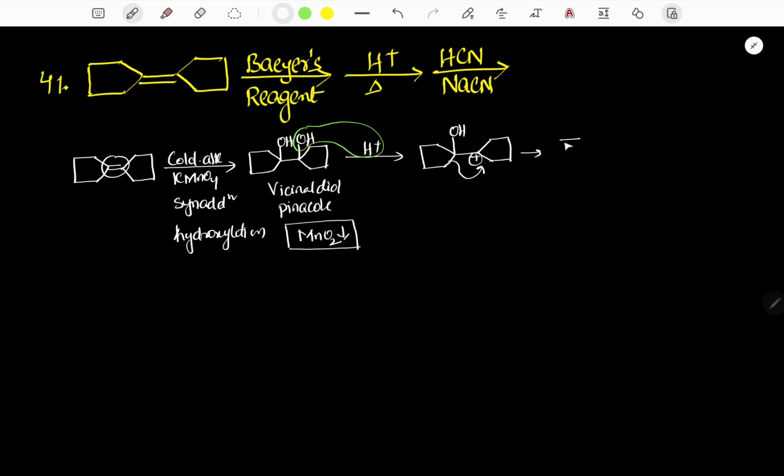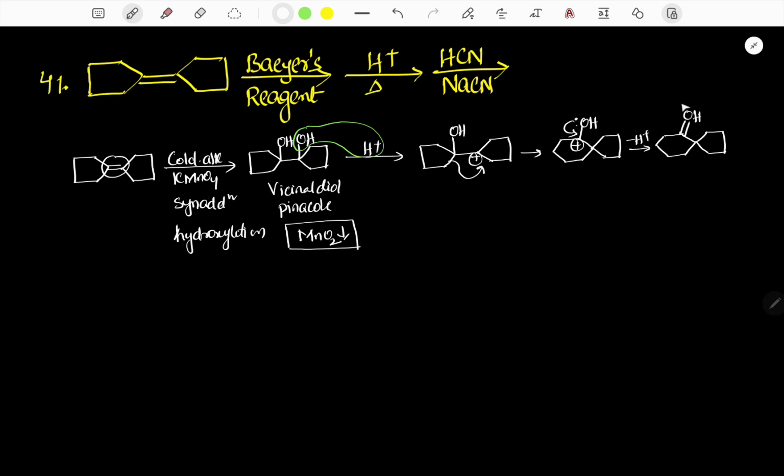So after ring expansion, the corresponding structure is like this. Now we can write resonance. After resonance, we can remove the proton. So a double bond forms and the proton is also removed.